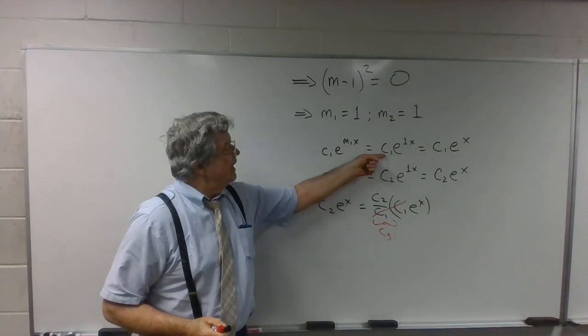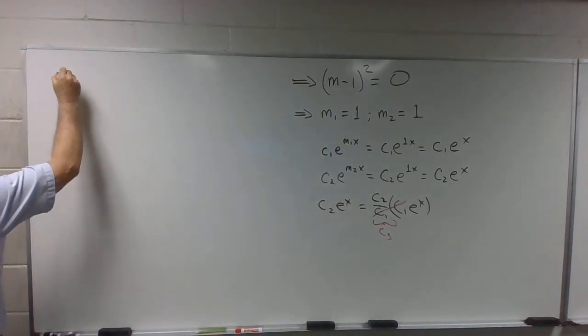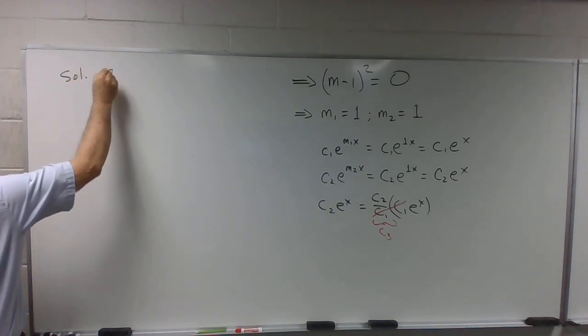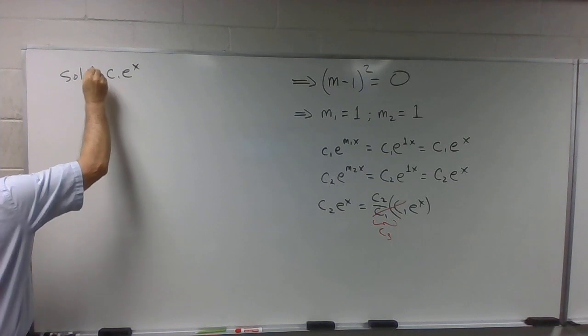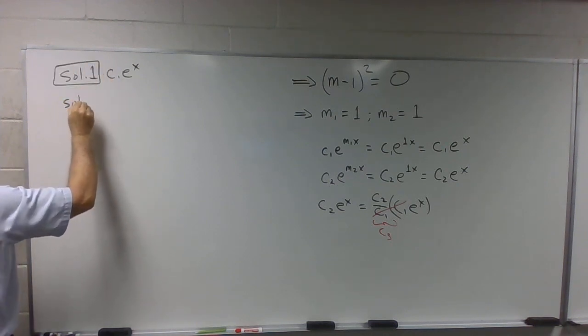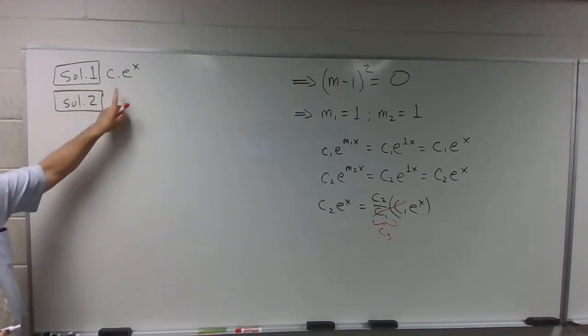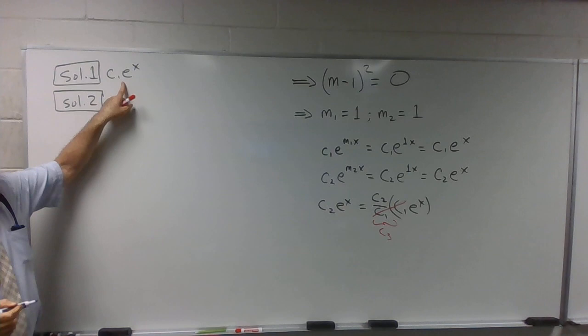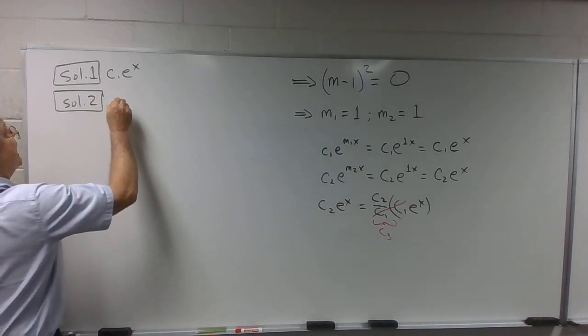We'll take this as our first solution, c1 e to the x. That's solution 1. Now to get our second independent solution, we take the first solution and multiply it by x.